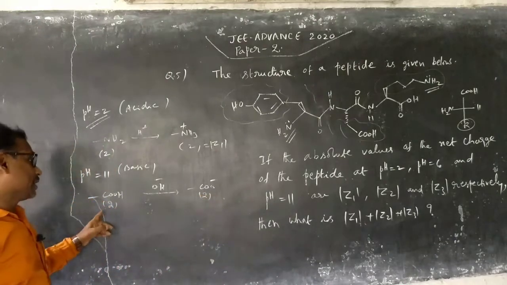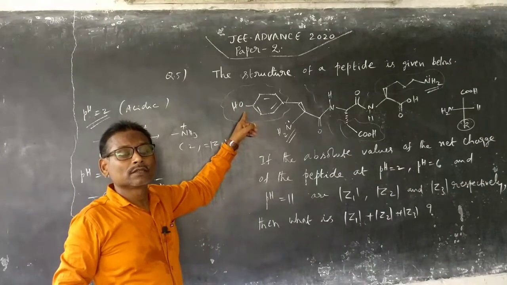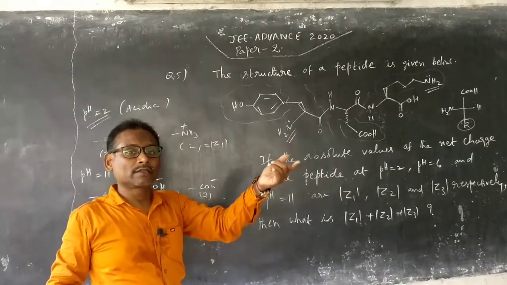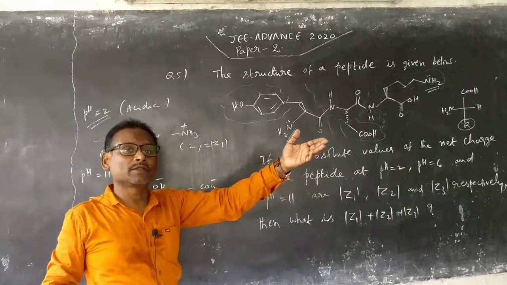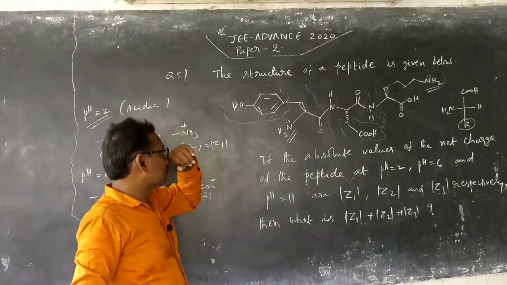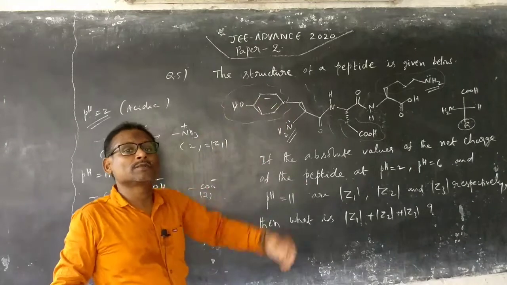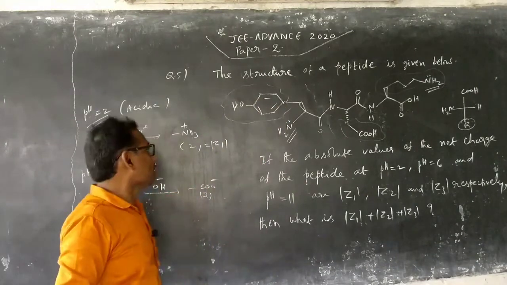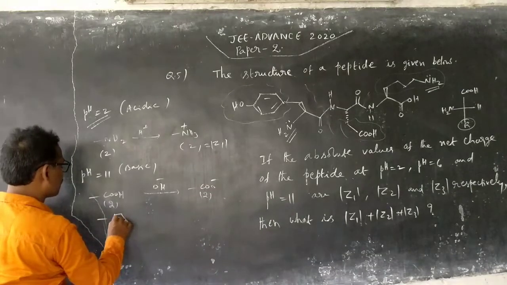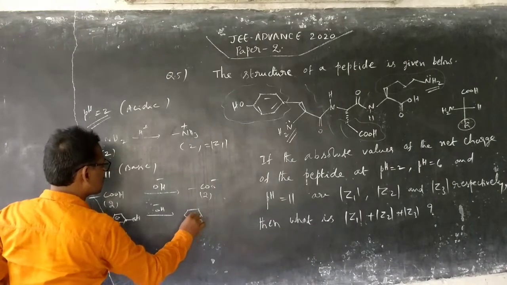But other than the COOH group, the phenolic group also interacts with sodium hydroxide. The phenol is a sufficiently strong acid to interact with the hydroxide and go to the right side, that is, to be converted into a phenoxide. The phenol and sodium hydroxide, an acid and a base, give the respective conjugate base and acid. So the phenolic form is also converted to a phenoxide.